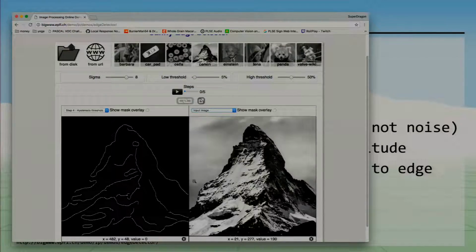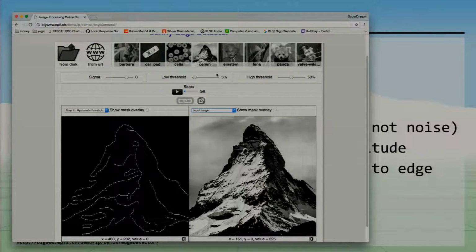So if this is our original image, the edges that we end up with at a really high sigma are these big edges that correspond to the boundary of the mountain, or this big seam running down the middle. I don't know, ridge, I guess, whatever that's called. I should know this kind of stuff.